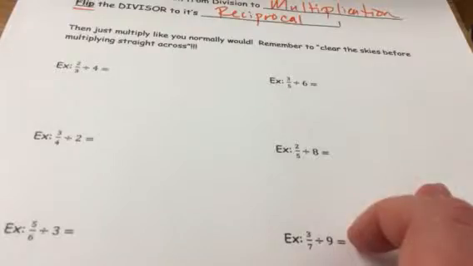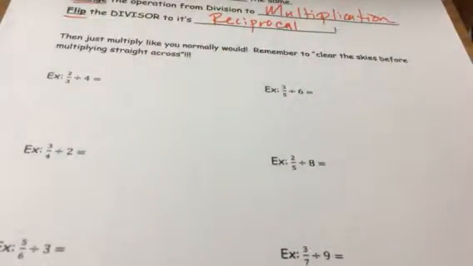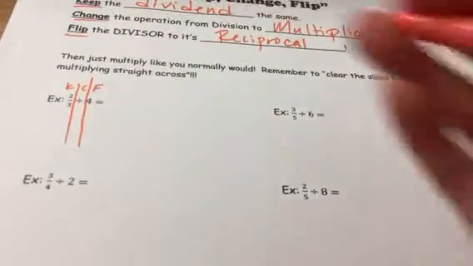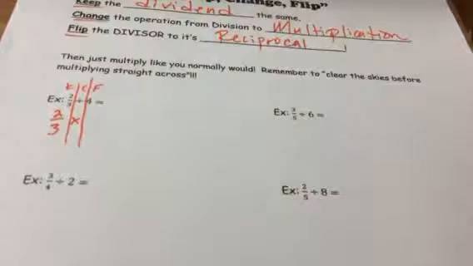So let's go ahead and take a look here. This is the problem we solved on the front. 2/3 divided by 4, and we got 1/6. So let's go ahead and see if we use KCF, if we keep, change, flip, let's see if we do indeed get 1/6. So 2/3 I'm going to leave the same. You keep that the same. We change division to multiplication.